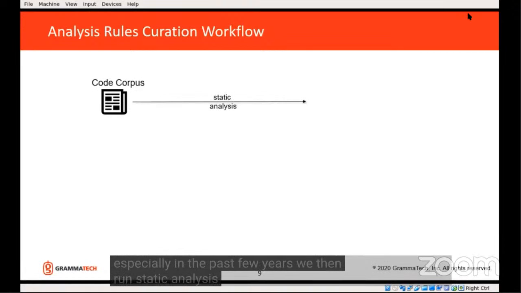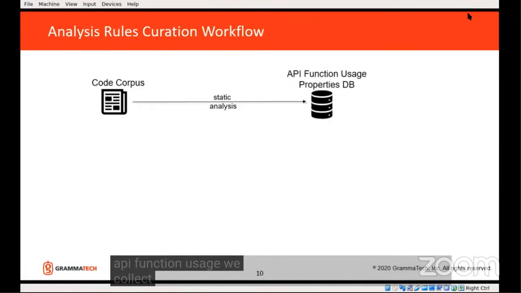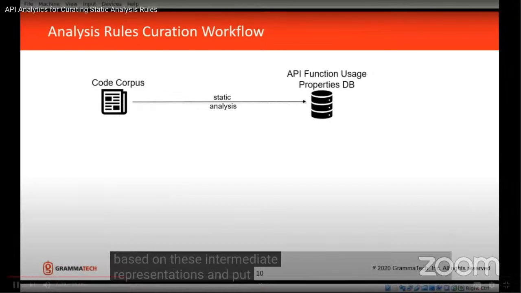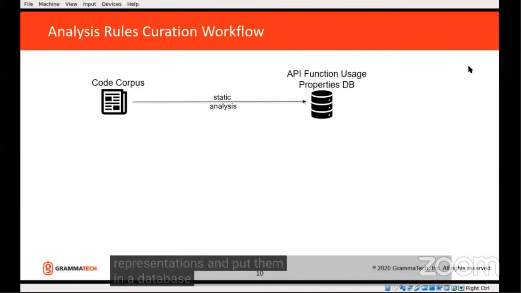We then run static analysis tools on the code. Typically, analysis tools create detailed intermediate representations of code and provide the infrastructure to capture different semantic properties of API function usage. We collect properties about API usage based on these intermediate representations and put them in a database.